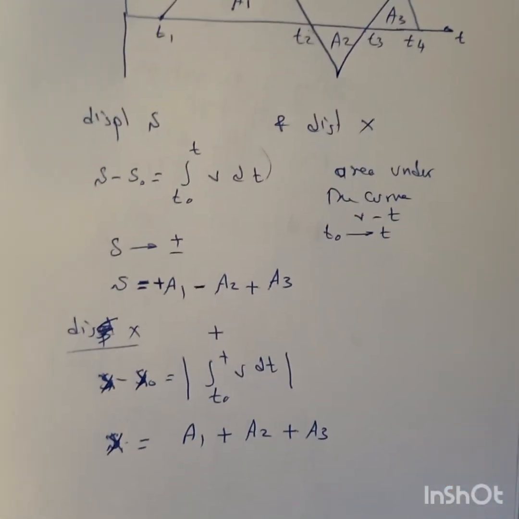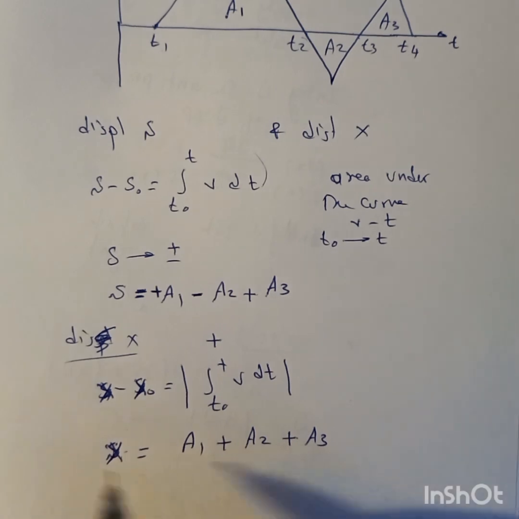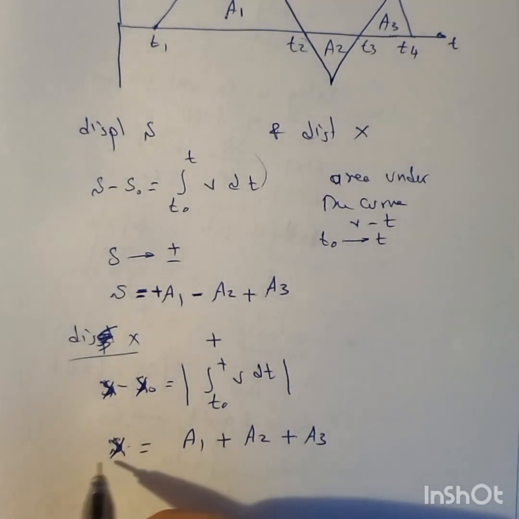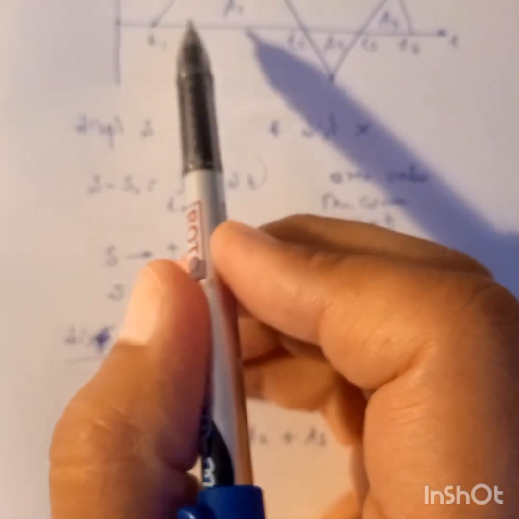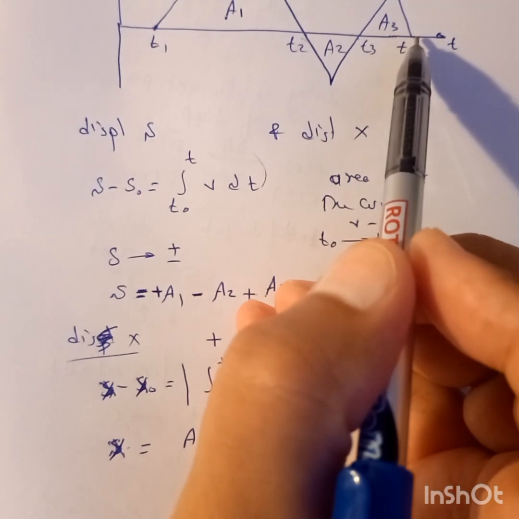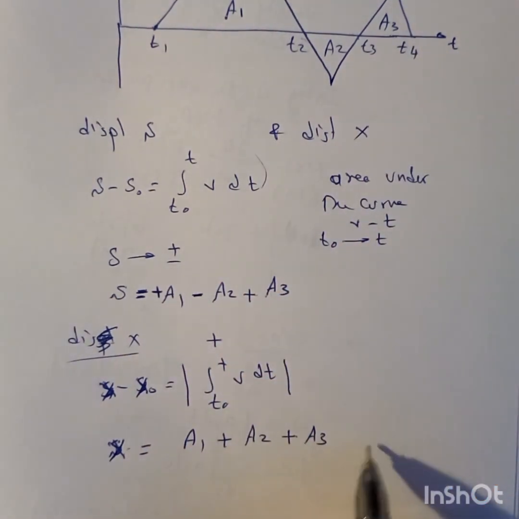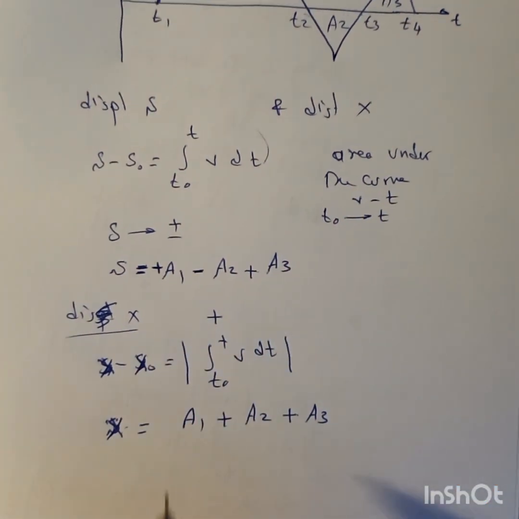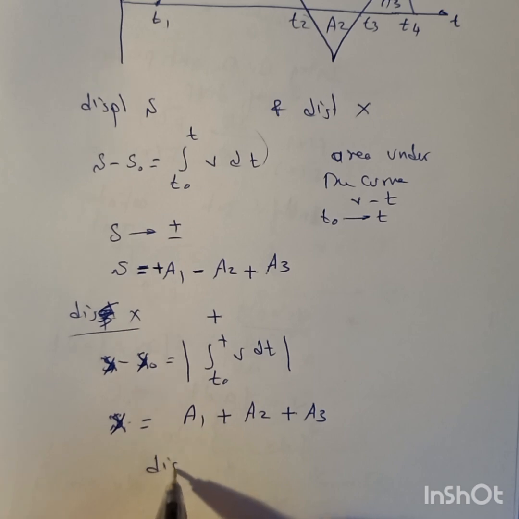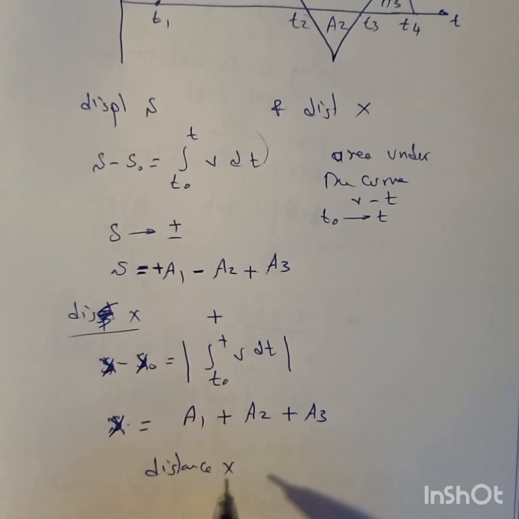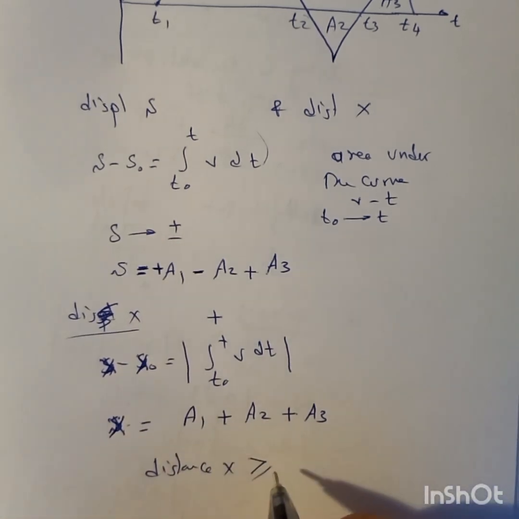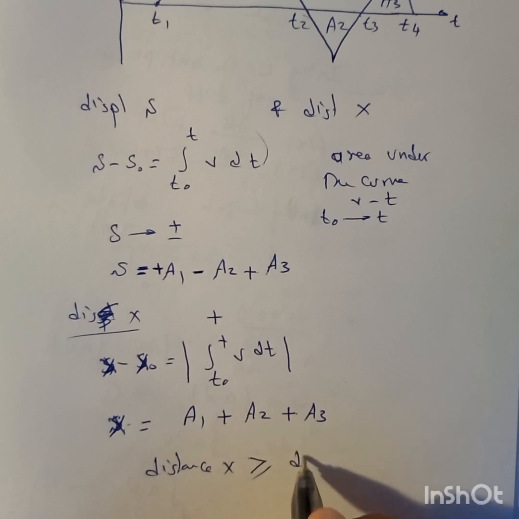Then x is always positive. This value expresses the distance moved by this body from t1 to t4, and it's always positive as well. As we know, distance x is always greater than or equal to displacement s.